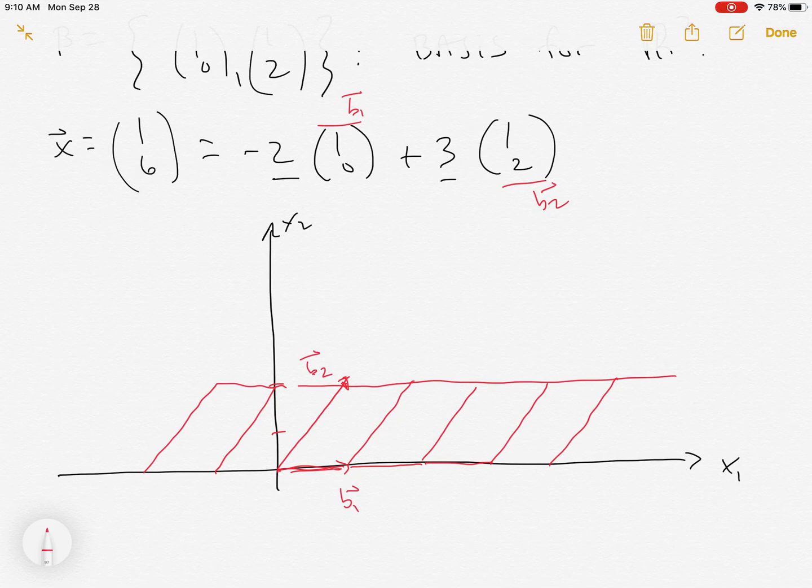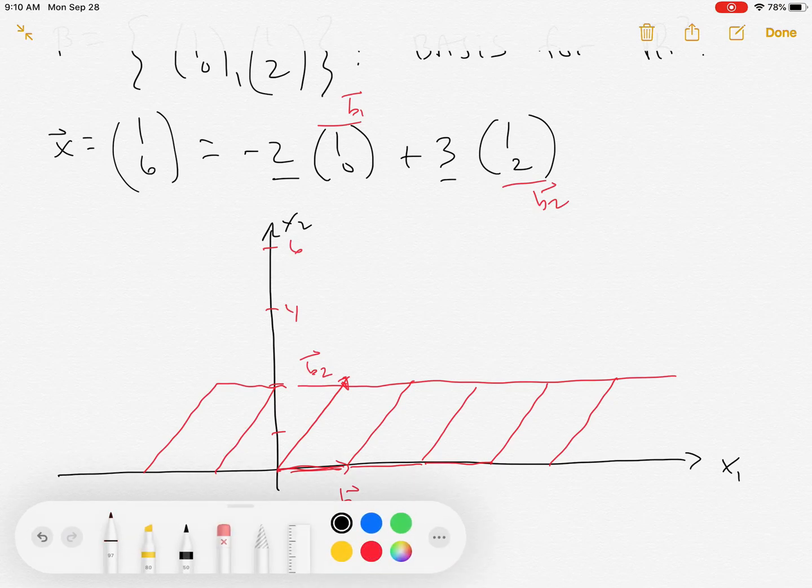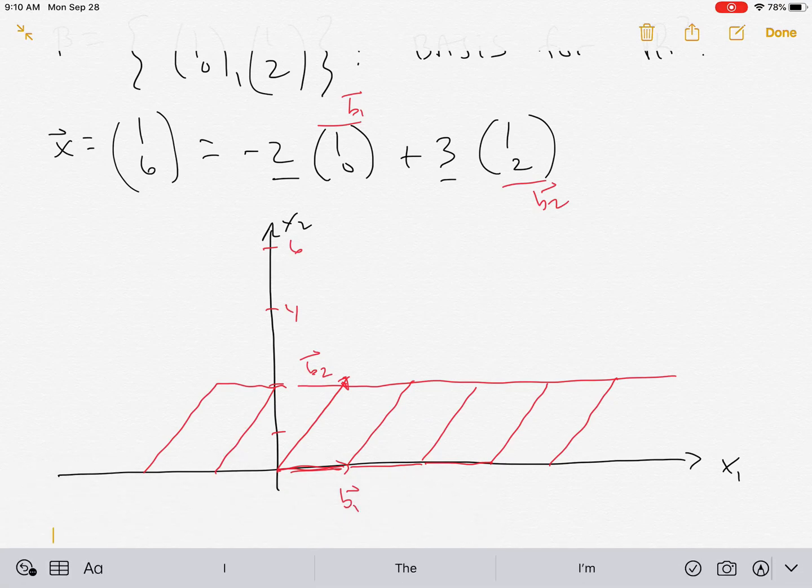I wasn't going to do this, but now here I am doing it. If we're going to use this graph paper to get to 1, 6, this says start here, go over this way 2. That's -2 times 1, 0.